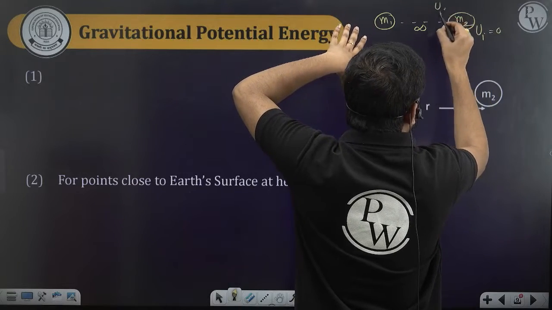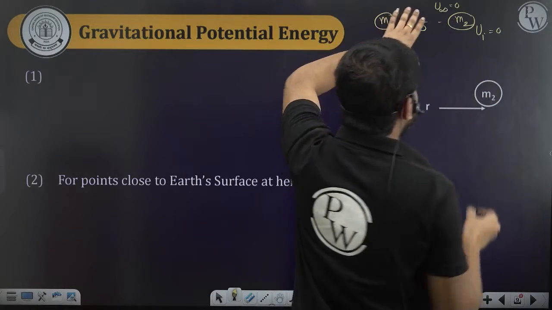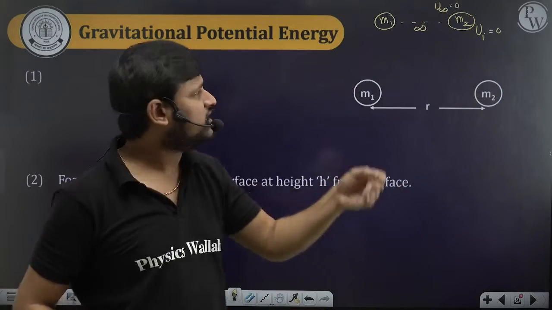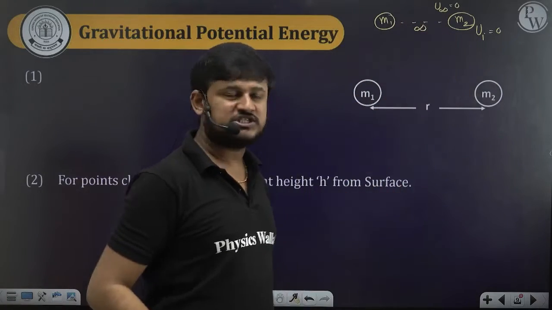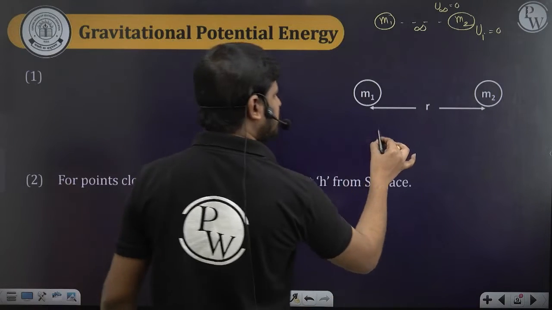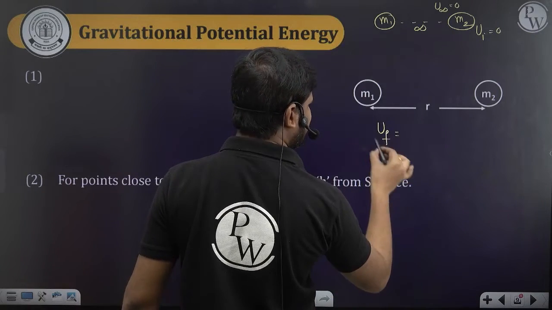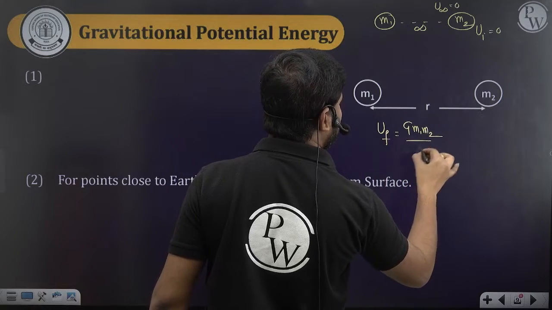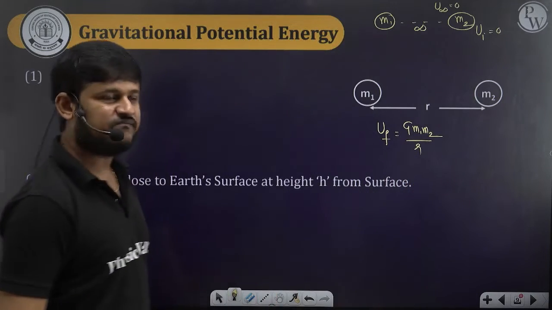In physics we consider the potential energy at infinity to be 0, so the initial potential energy is 0. What is the final potential energy when you bring them to this point? It is G m1 m2 by r.